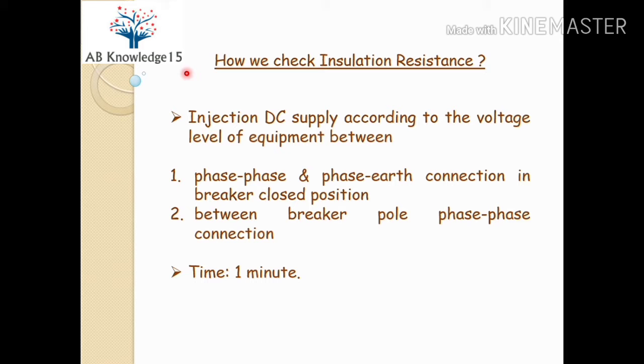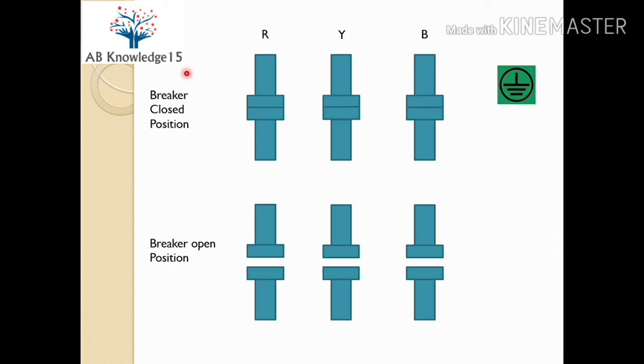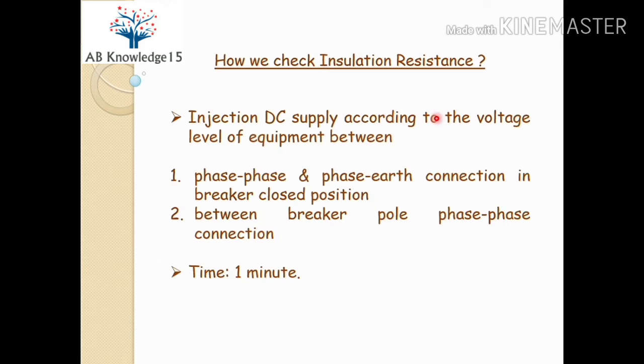Now we will discuss how we carry out the insulation resistance test, meaning how the connections are made and between which points we have to inject the DC supply voltage. You inject the DC supply according to the voltage level of the equipment. You decide the voltage rating, and then there are two positions of the breaker: the closed position and the open position, as you can see here.